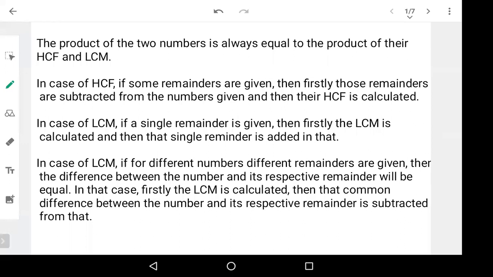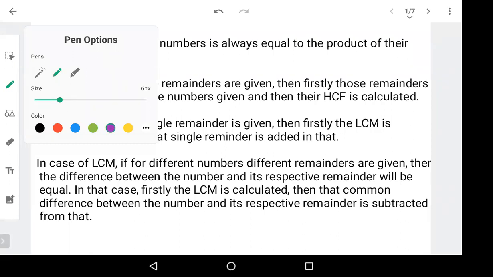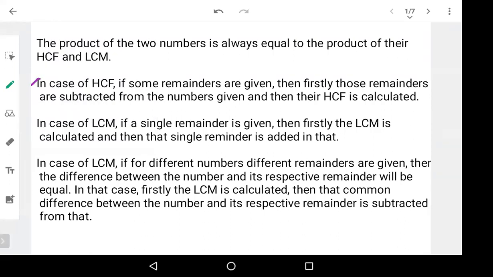Okay, so first see this second rule. In case of HCF, if some remainders are given, then firstly those remainders are subtracted from the numbers given and then their HCF is calculated.